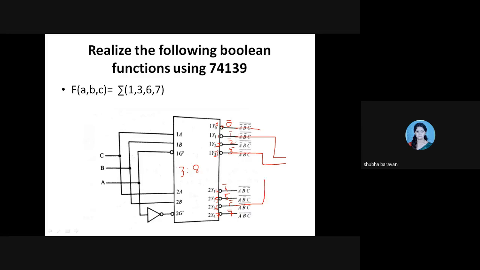I have to put an OR gate, and to cancel this bar, I have to put a bubble here. So your function is this: f of ABC is equal to summation 1, 3, 6, 7. Is that understood?